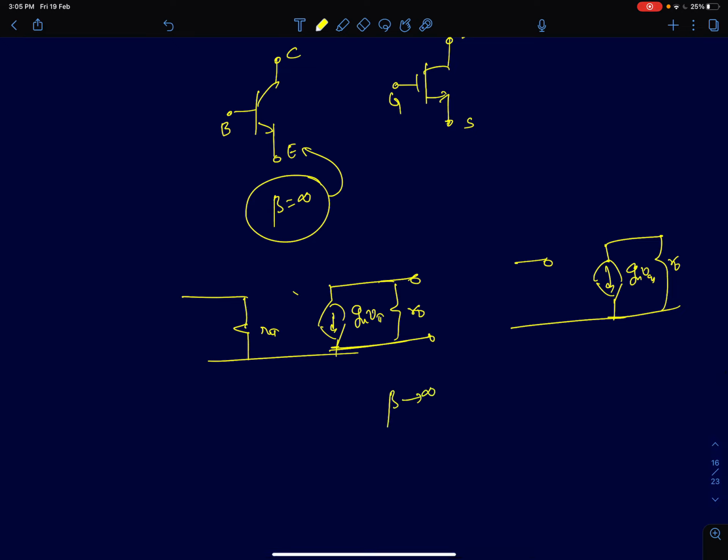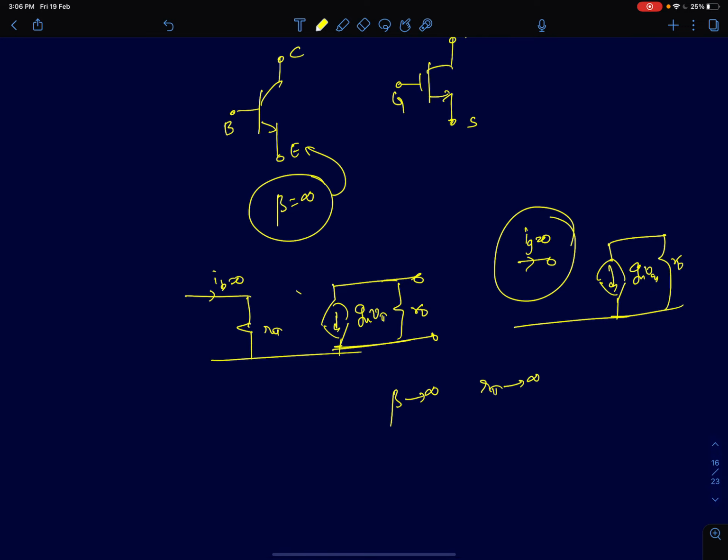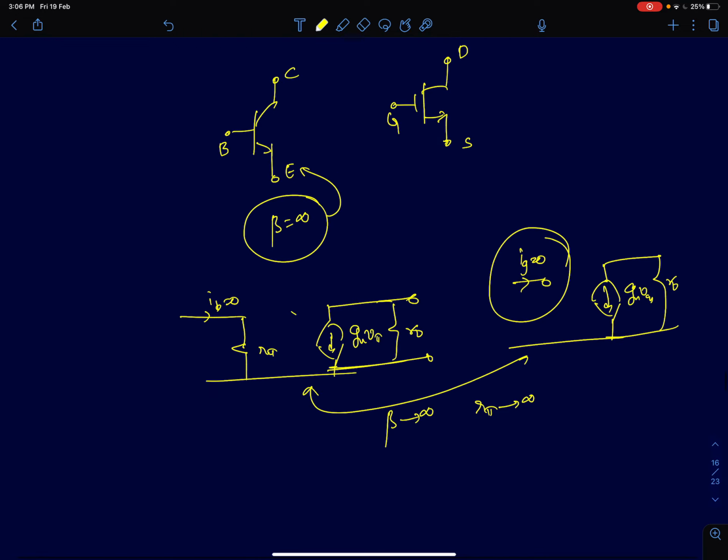If beta is infinity, then the small signal base current becomes 0, and the gate current is 0 to begin with in a MOSFET. Then, if beta is infinity in a BJT, r pi tends to infinity, and I can say these two models are equivalent. So they are equivalent from a small signal sense. I can draw equivalence between the two devices, but the equivalence is in the small signal models.